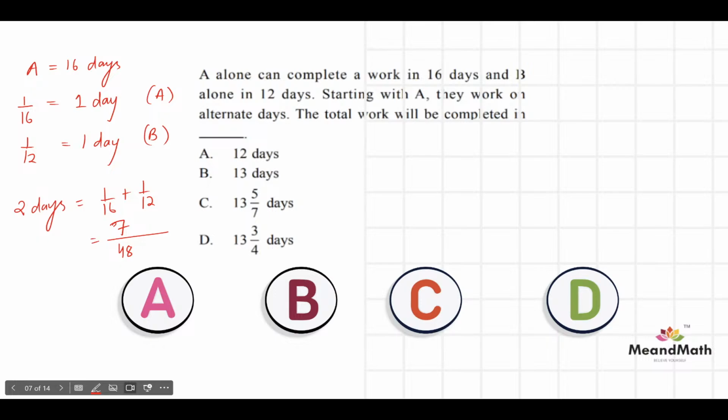So if we try finding for 12 days, it would be 12 times 7/48. What would that be?